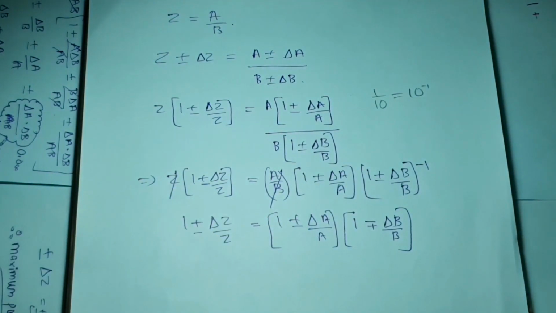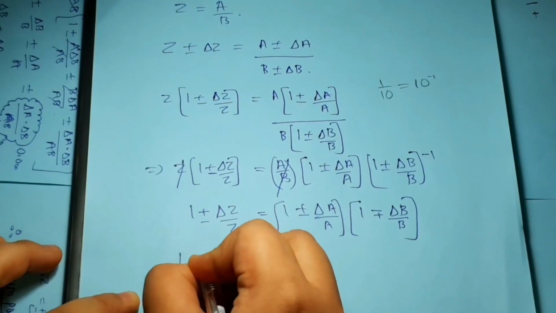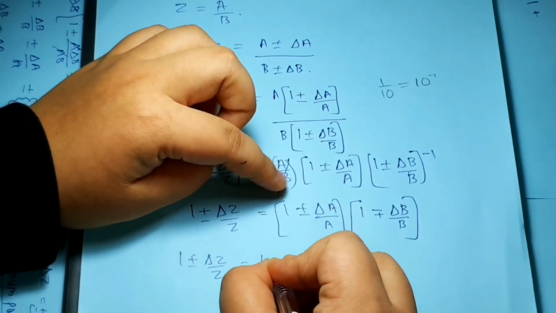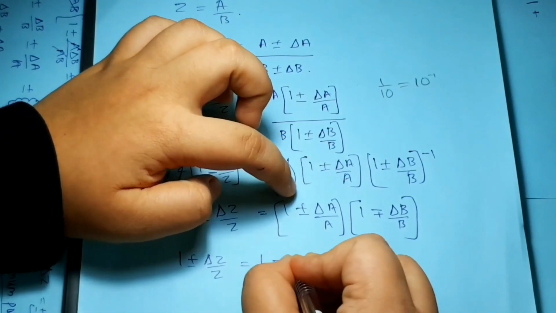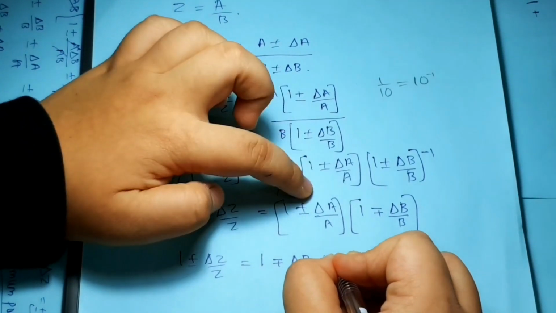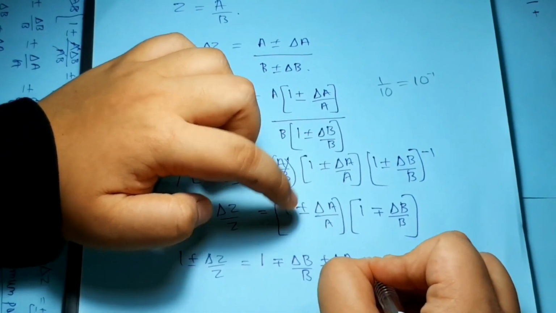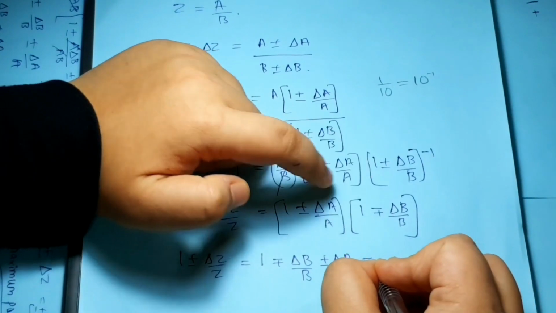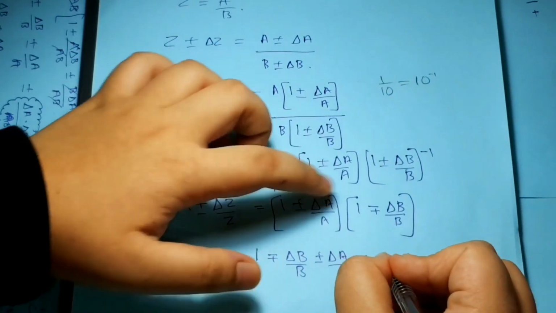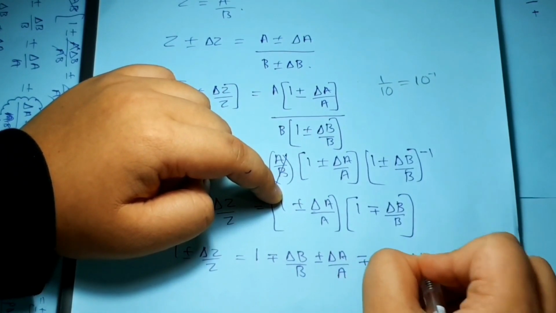Now let's open up this part to give us 1 into 1 is 1, minus plus delta b by b. Similarly, plus minus delta a by a. This becomes minus, because 1 into minus is minus. Again plus, like that way, minus the same thing, into delta a by a into delta b by b.